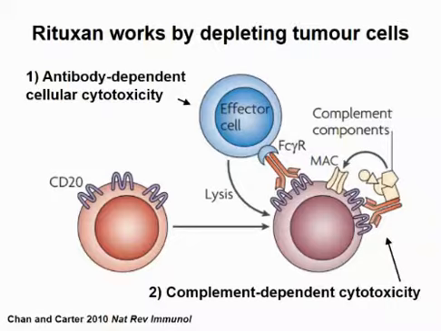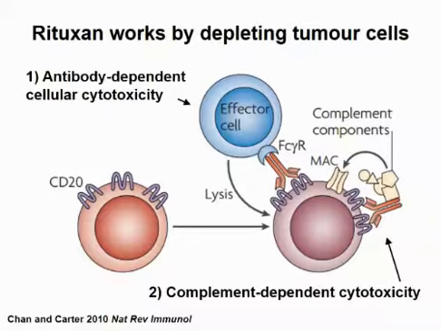Effector cells like natural killer cells or cytotoxic T cells. Actually, I'm not sure cytotoxic T cells will do this, but certainly NK cells have Fc receptors and will bind to the Fc part of the antibody, and they will release their cytotoxic granules to cause apoptosis and lysis of the cell.